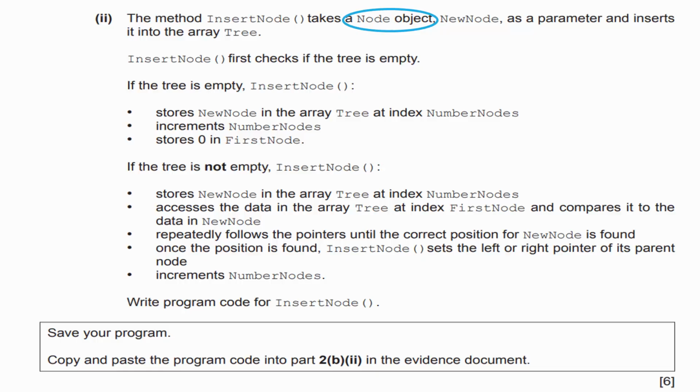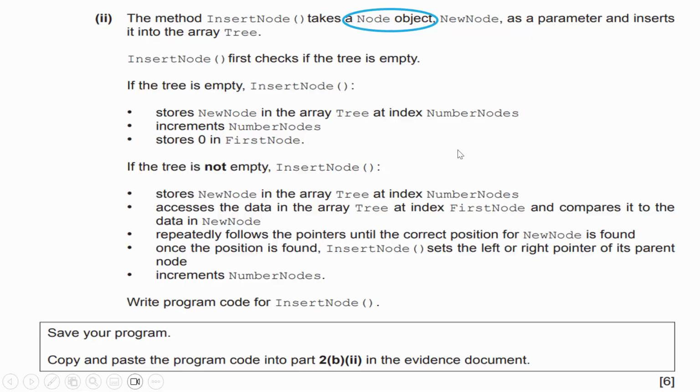Insert node first checks if the tree is empty. If the tree is empty, it stores new node in the array tree at index number nodes. Well, what's the first index? 0. Well, number nodes is set to 0 because we don't have any nodes yet. It increments number nodes, because now we finally have one, and stores 0 in the first node.